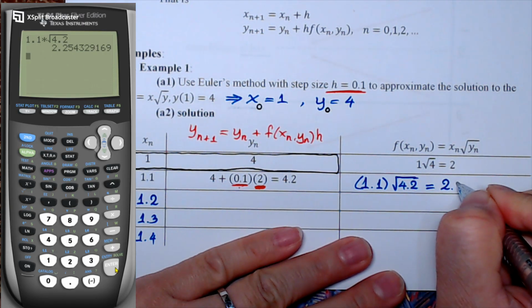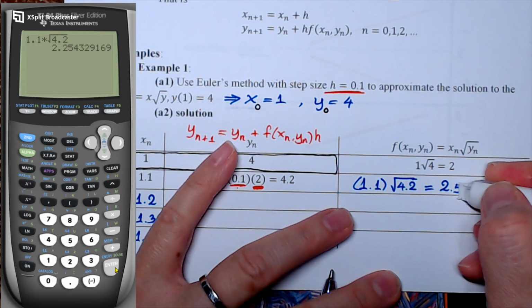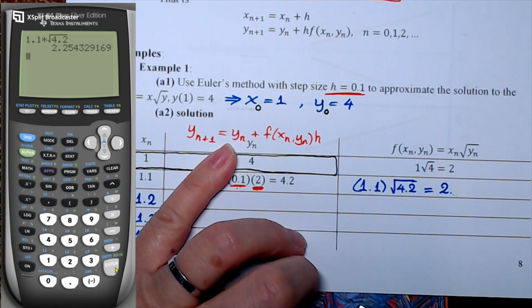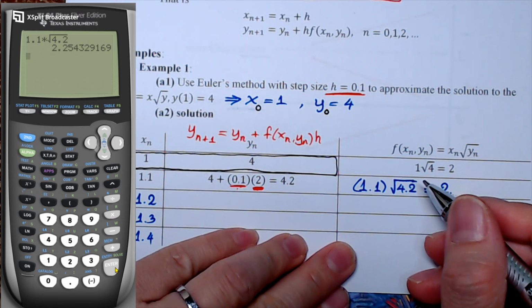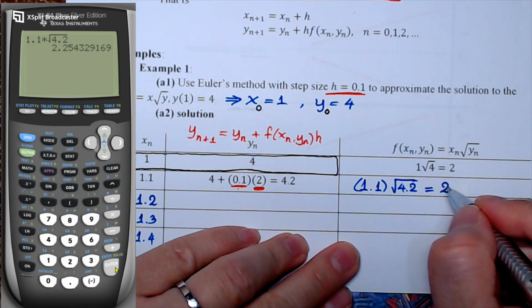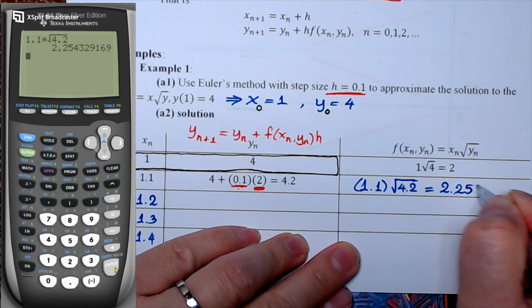Okay, let's just give 3 decimal places, 2.254.